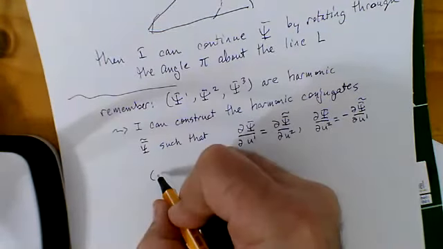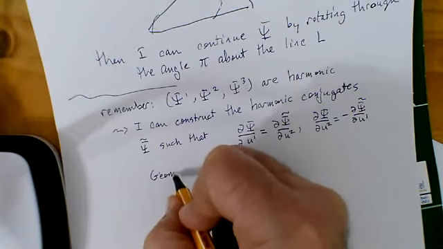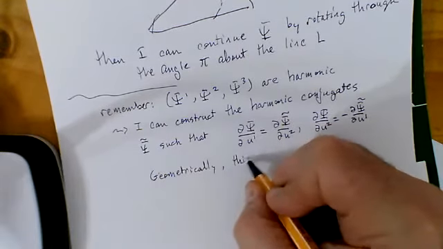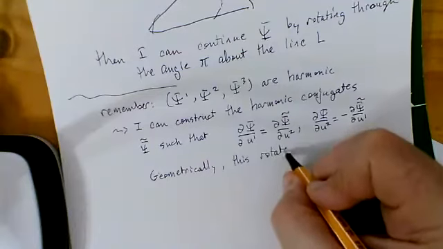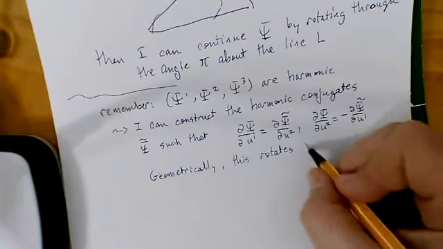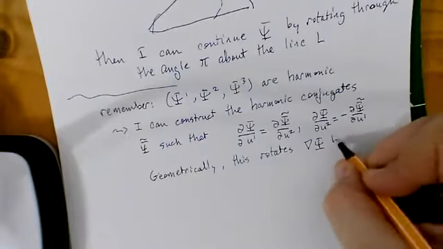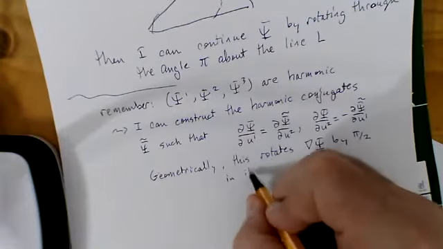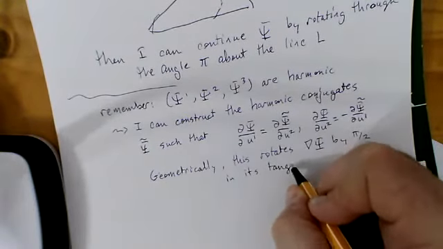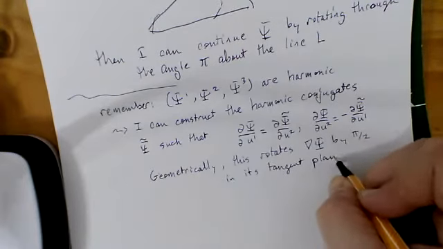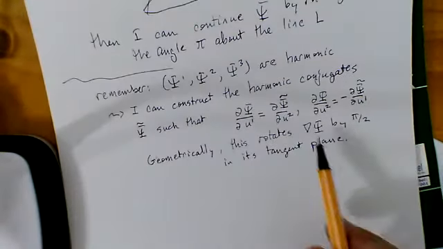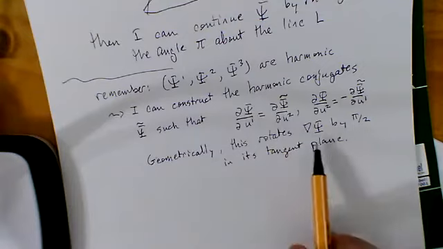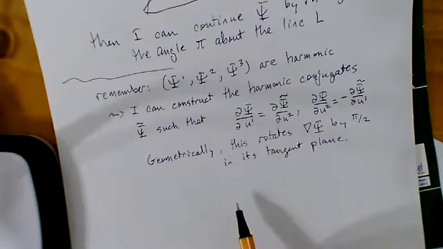So geometrically, this rotates the gradient by an angle of pi in its tangent plane. So you can see the fact that it's a rotation by pi clearly from these formulas. The fact that it stays within this tangent plane, we're going to see in just a second.